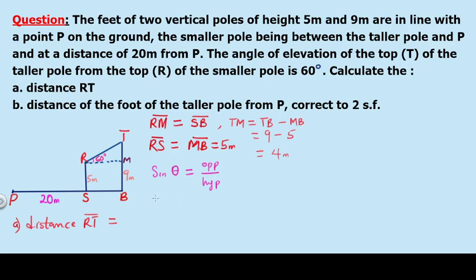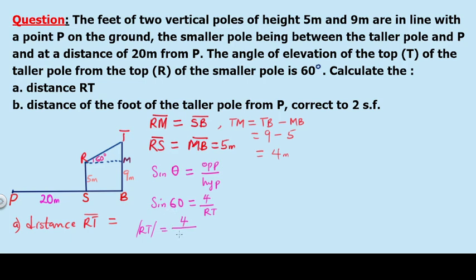So sine 60 degrees equals the opposite, which is TM, 4 meters, divided by the hypotenuse RT. If you cross multiply to make RT the subject, then RT equals 4 divided by sine 60.